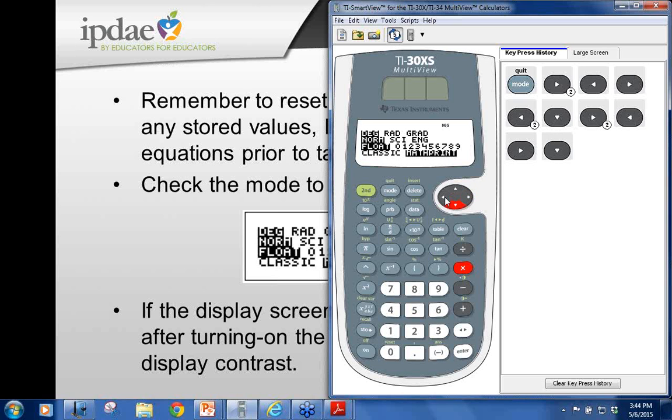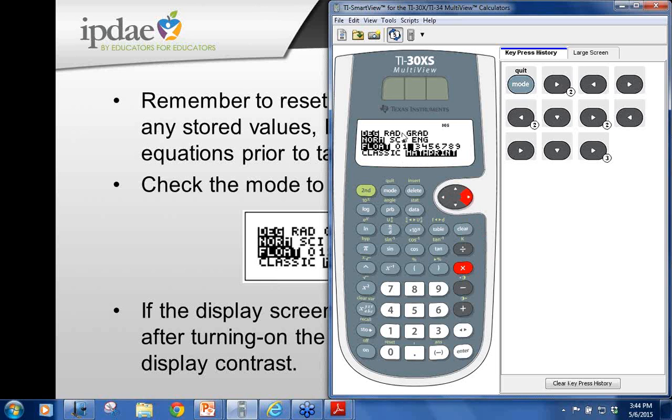When you go to float, this floating point area right here will automatically round to the last digit that the calculator can show on the screen. But if you want it to automatically round to a specific decimal point, then you can just scroll here and pick the number of decimal digits you want.